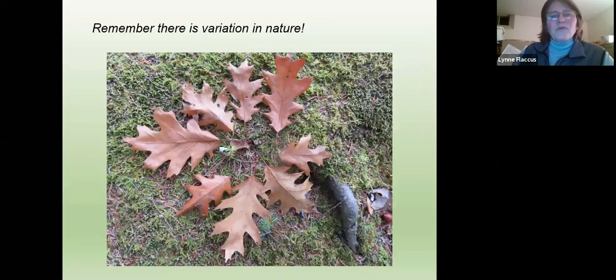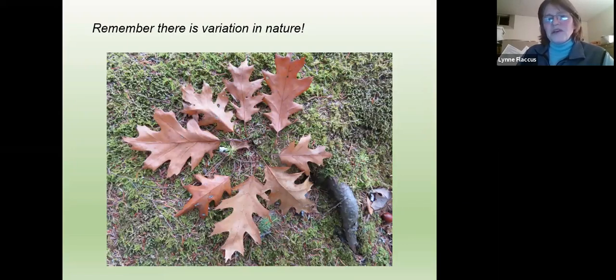It's also really good for you to think about how there's a huge variation in nature. So no matter what you learn about trees or shrubs around you, everyone's a little bit different. You can take all these leaves from an oak tree, the same oak tree, and notice that in general, the pattern is similar for those leaves, but the points on the lobes are different in each one.